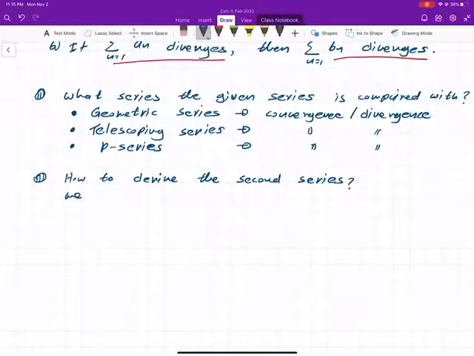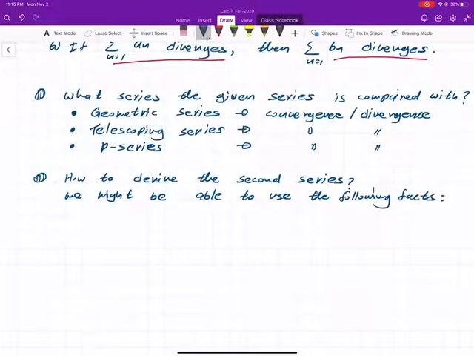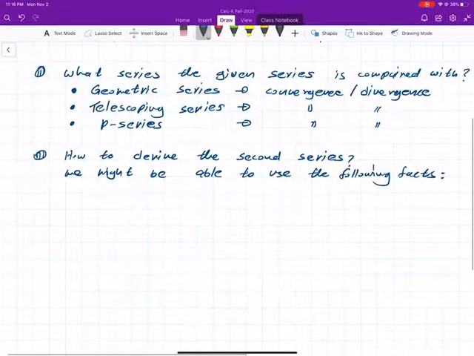For that, I would say we might be able to use the following facts. So I'm going to give you some facts that you could use.